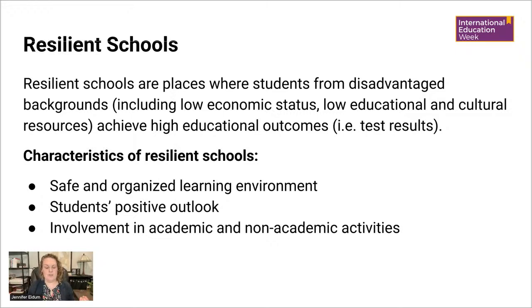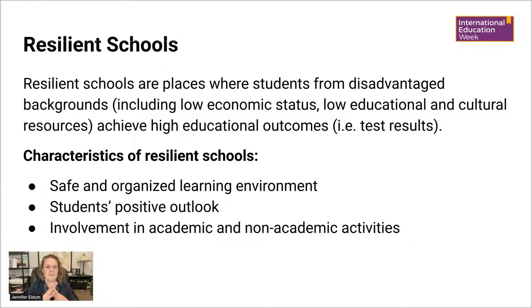And when they look at resilient schools that produce those strong educational outcomes, the characteristics they show are a safe and organized learning environment, that the students have a positive outlook, that is hope for the future, and they are involved in academic and non-academic activities, which gives them those mentors.